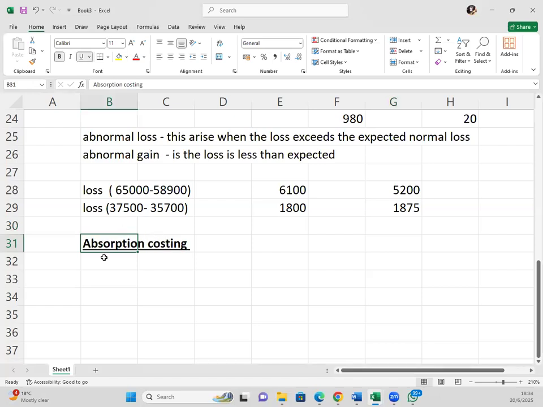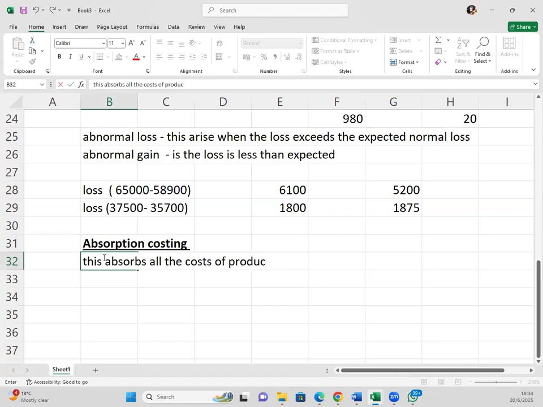The absorption costing, or full costing, absorbs all the cost of production into the product. So if it is absorption costing, it involves all the costs of the product in closing stock.